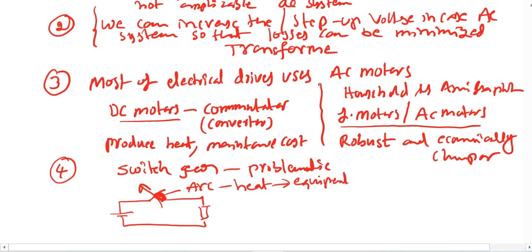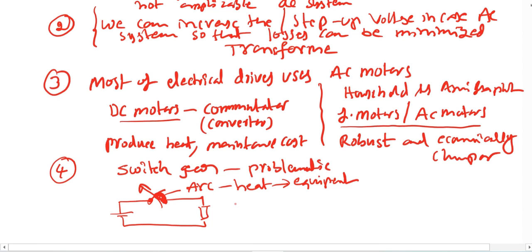That is the consequence if you use the DC supply and suddenly open the switchgear. Between these two contacts an arc forms, it will dissipate heat, and equipment damage can occur.